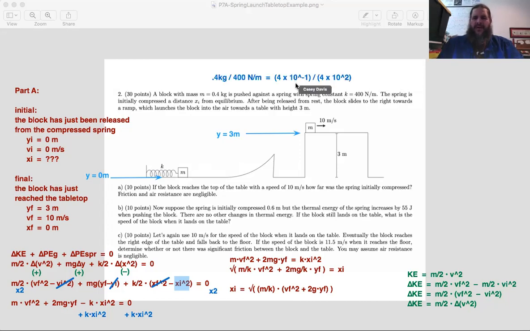If you divide 4 times 10 to the negative 1 by 4 times 10 to the positive 2, what's going to happen? What's 4 divided by 4?